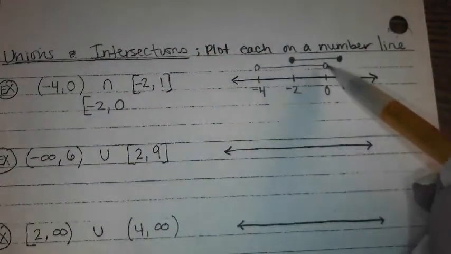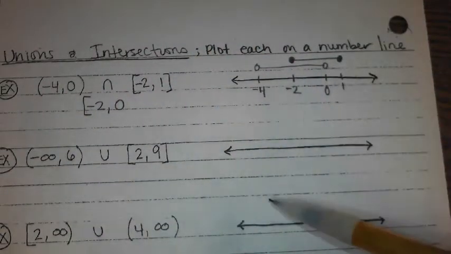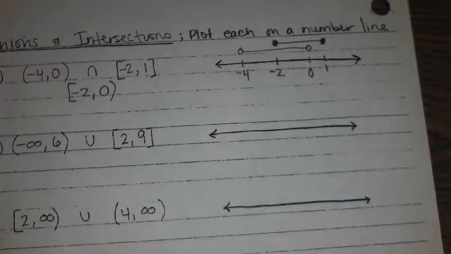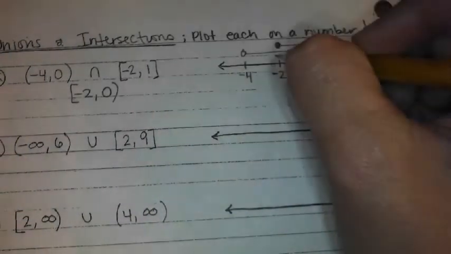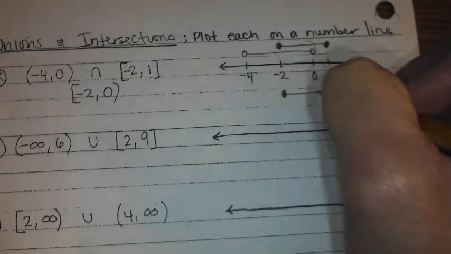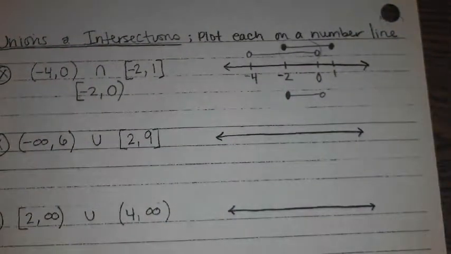Is the 0 in both sets? No, because that's an open circle. So it's got to be an open circle or a parenthesis there. Good? So your set of overlapping starts at negative 2 and goes up to 0. 0 has an open circle, negative 2 has a closed.